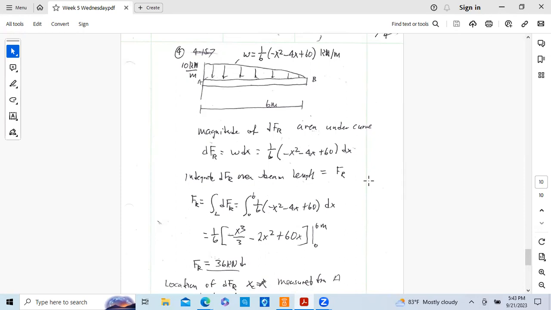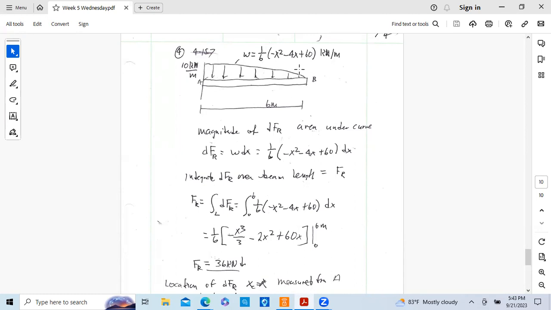Here's one that's worked out as an example. This is the force system on this 6-meter beam, and this is what the force looks like as a function of x.